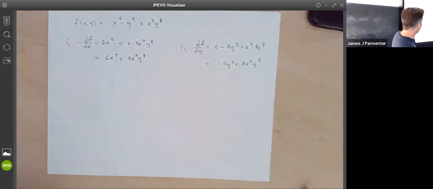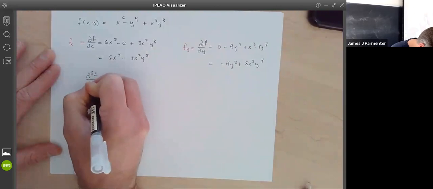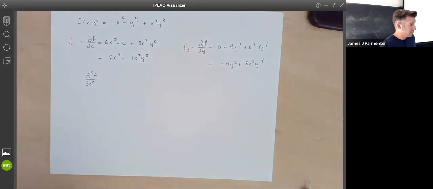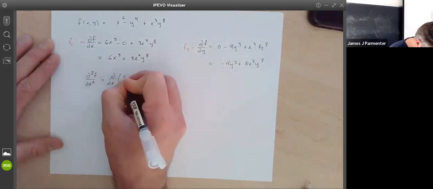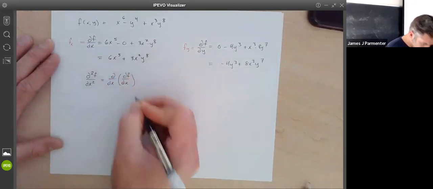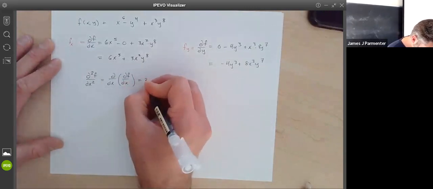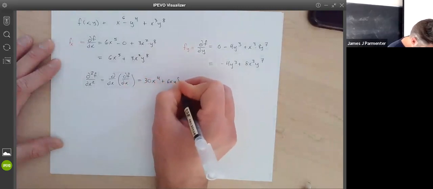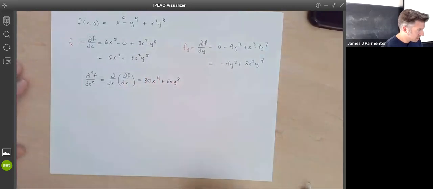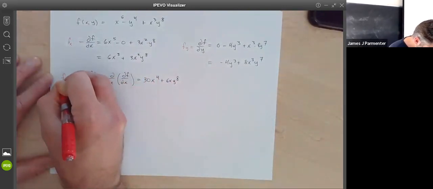And then we could also find the second partial derivatives. So del squared f del x squared, I'm just taking the derivative of the derivative again with respect to x. So it's del x of del f del x. It's the derivative of this with respect to x, which is going to be 30x to the fourth plus 6xy to the eighth. And notationally, we could call that fxx.